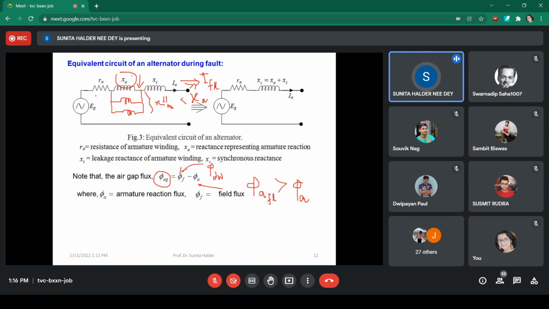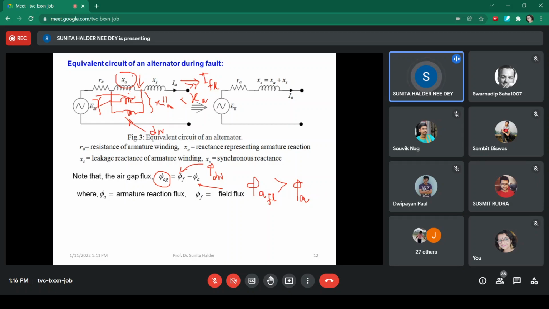One of these two reactances is due to the field winding, and the other is for the damper winding. I must mention here that the damper winding, field winding and the armature winding are totally separate things. There is no electrical connection between them. But their behavior is such that in the equivalent circuit, we may represent that this armature reaction flux is reducing. That means this XA is reducing.